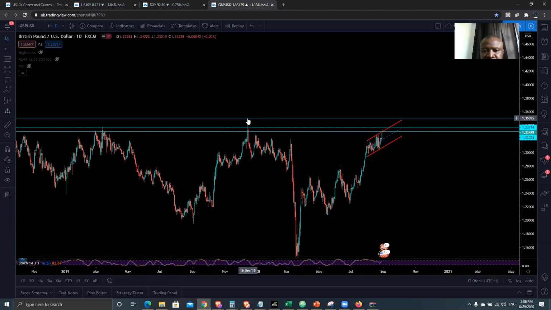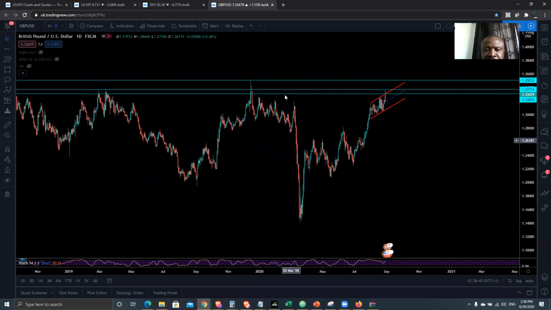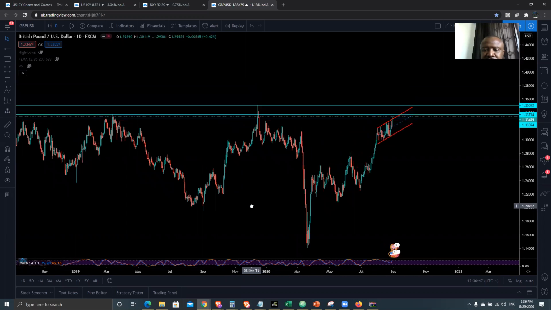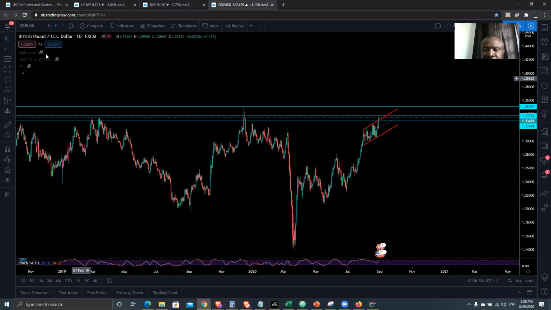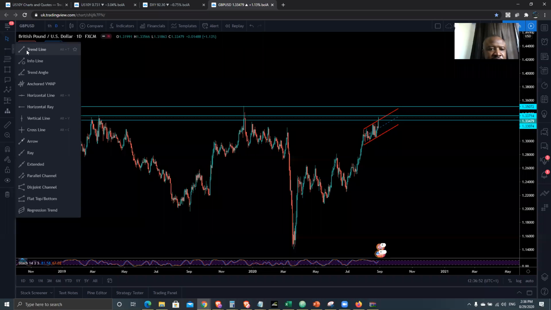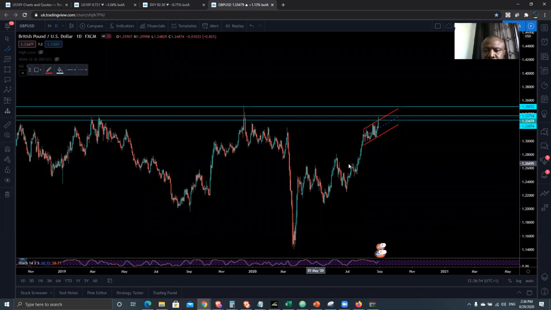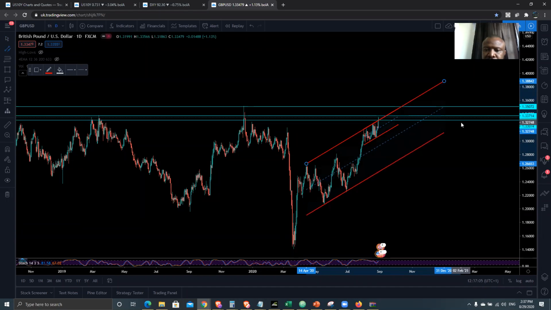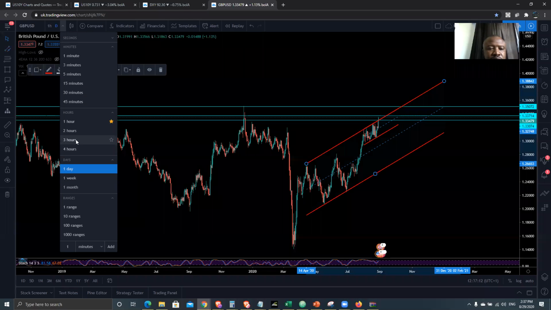We got this huge resistance over here, that sell-off that led to the COVID sell-off, right? So that one is there. Is there any other thing structurally that I can see? Let's see if it's going to be that structure and that structure, and we've traded above it, which is not bad.